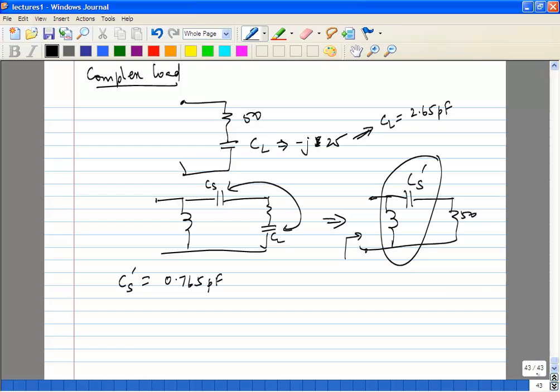Now we also know that CS prime is CL CS over CL plus CS. You know CS prime and CL, and you want to find CS, which is part of your matching network. So this will give you CS equals CL CS prime over CL minus CS prime.